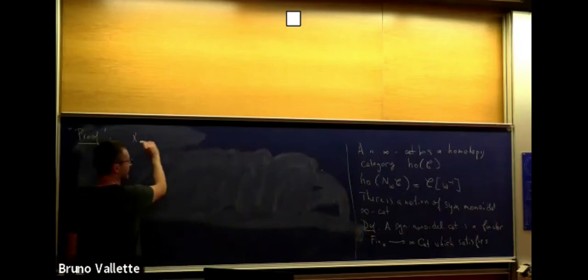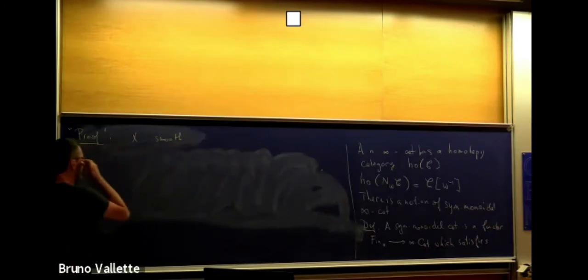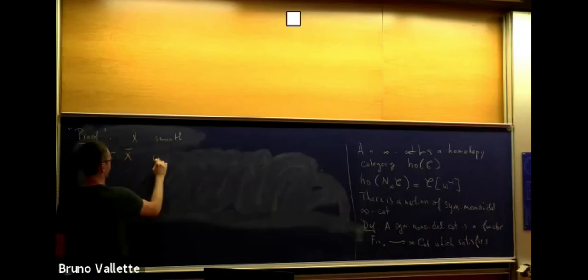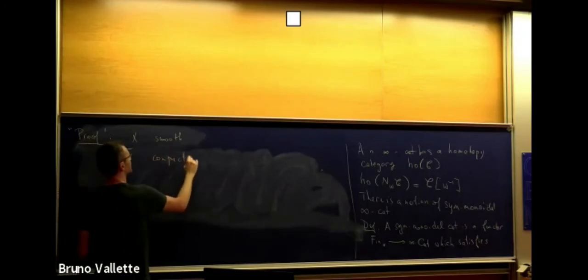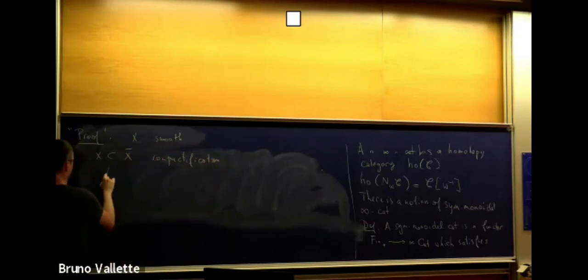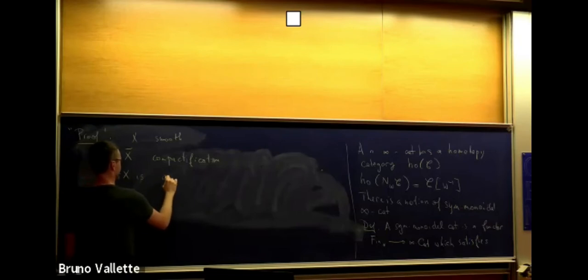So the way it works is, let me just explain the smooth case. If X is smooth, there is a theorem of Nagata that tells you that you can embed it into an X bar, called the compactification, and X bar minus X is what's called a normal crossing divisor.